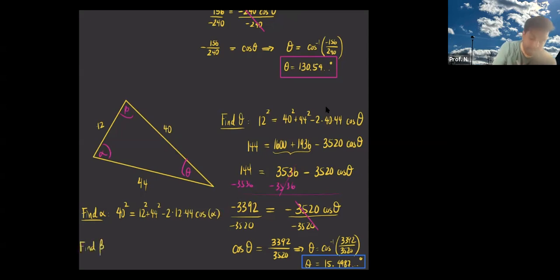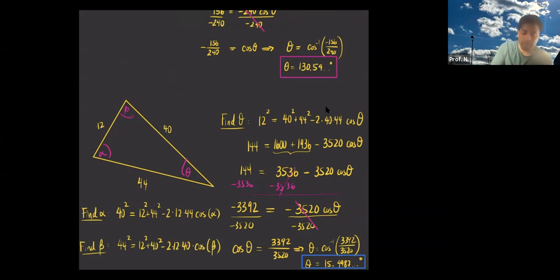Or if I want to find beta, then I do what? What's opposite beta? Opposite beta is 44. So 44 squared equals 12 squared plus 40 squared minus 2 times 12 times 40 times cosine of beta. And the same thing is applied, right? Same exact idea.